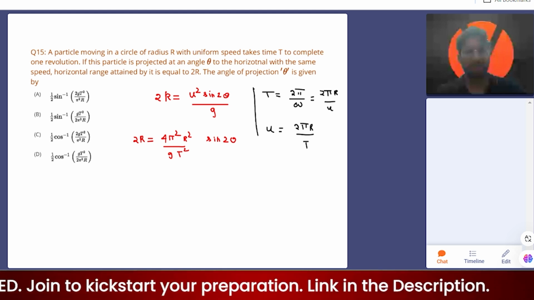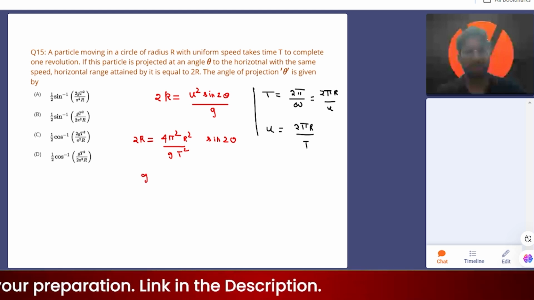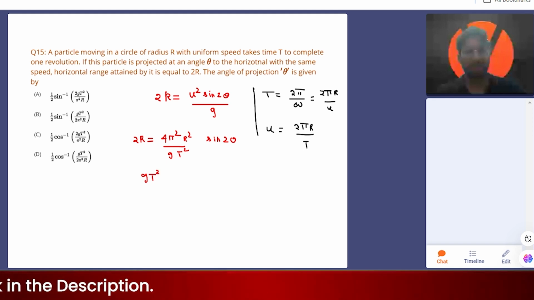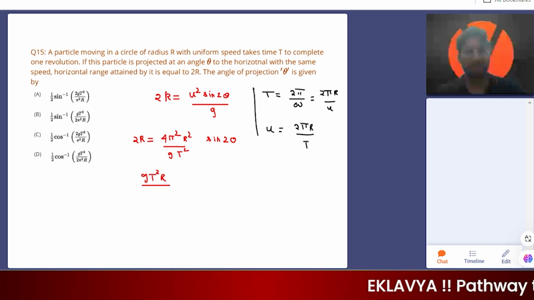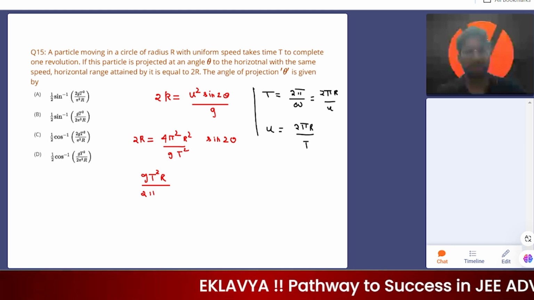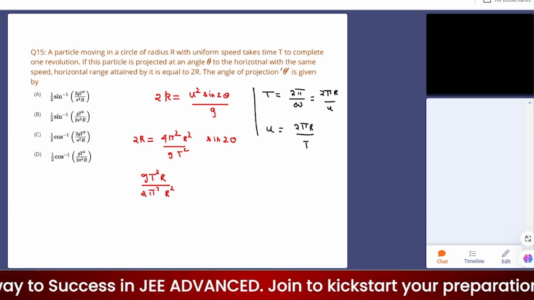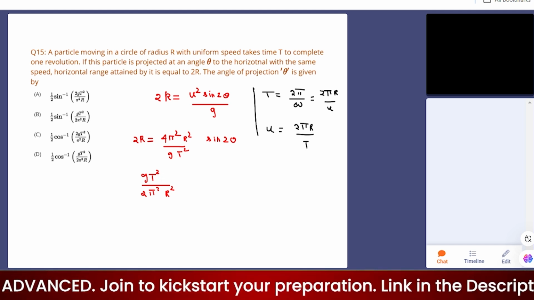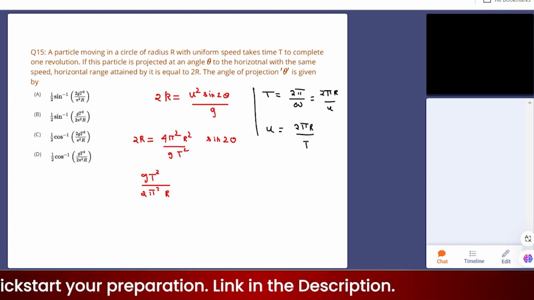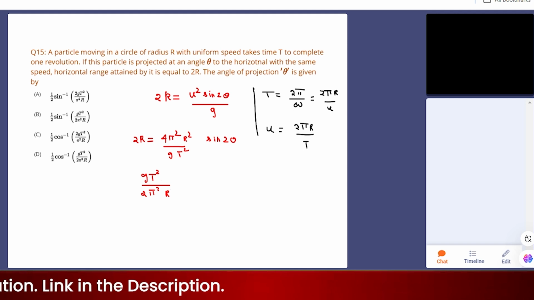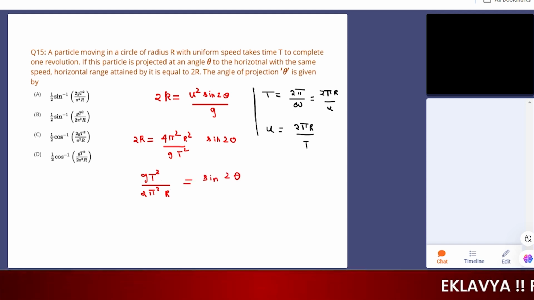Cancel the elements, 2 and 4 will go by 2 times. So the answer will be g T square r divided by 2 pi square r square. This r and r square, if you cancel, there will be only 1 r in the denominator. This will be equal to sine 2 theta.